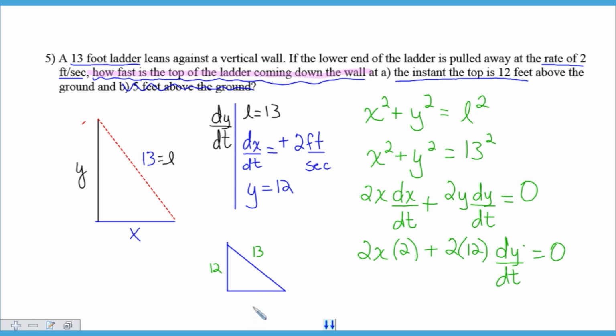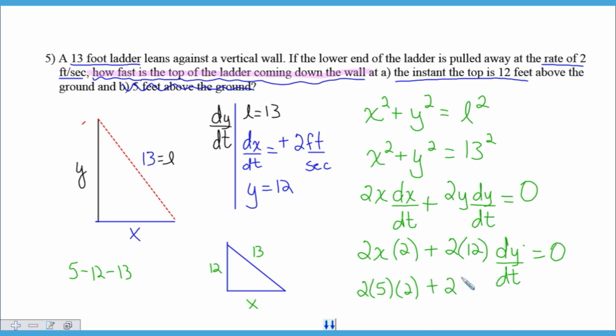And I don't know if you know much about Pythagorean triplets, but this is the 5, 12, 13 Pythagorean triplet. If you did not know that, you could just put an x there and do x squared plus y squared equals 13 squared, x squared plus 12 squared equals 13 squared, and solve that. But knowing this triplet will be very helpful. So I'm going to put in 5 for my x.